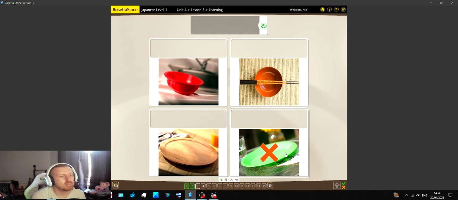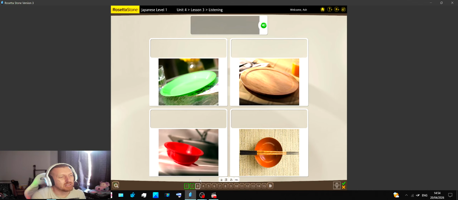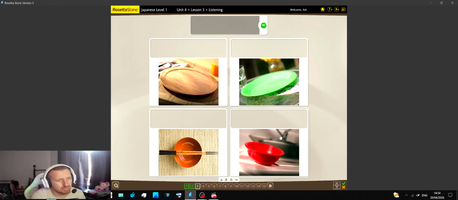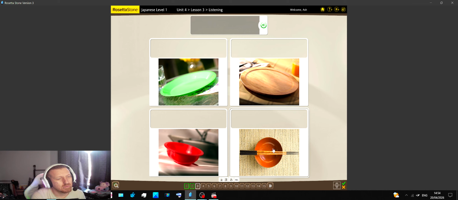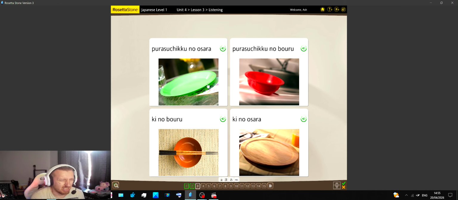But that's it. プラスチックのボール。It's because it's a wooden plate. のボール, bowl is a bowl. プラスチックのボール, plastic bowl. 木のお皿、プラスチックのお皿. I thought osara was going to be a bowl. I don't know why I mixed osara up with bowl. Why was I looking for a wooden bowl when it's a wooden plate?